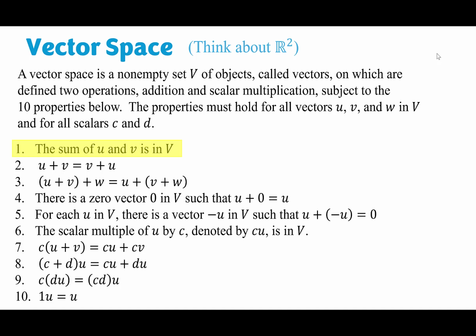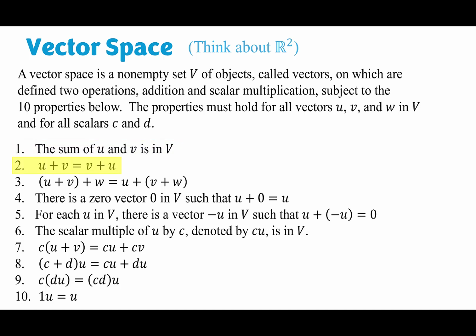An example of a set of vectors that doesn't satisfy that is a finite set, like maybe you have two vectors, one vector is (1, 1), another vector is (2, 2). You add those two together, you get (3, 3). That new vector, (3, 3), was not in your original set of those two vectors. So that's an example of property 1 not being satisfied.